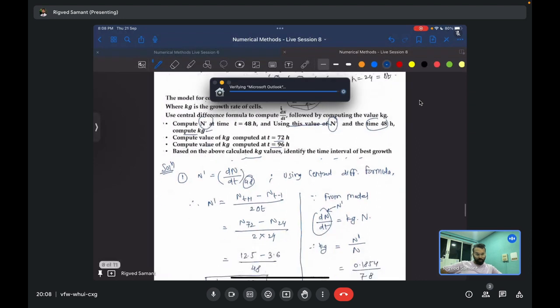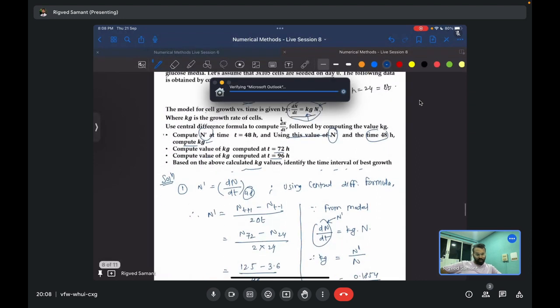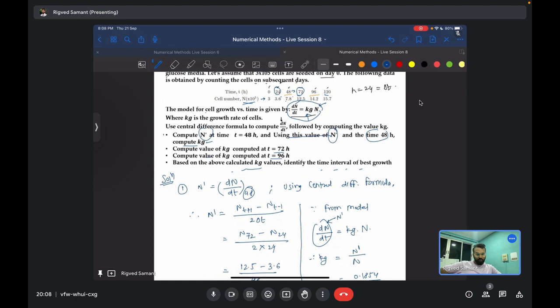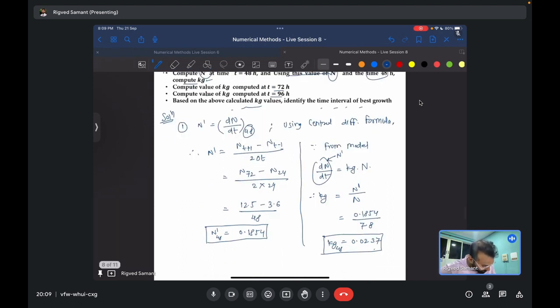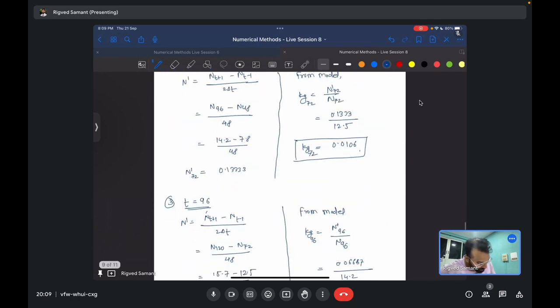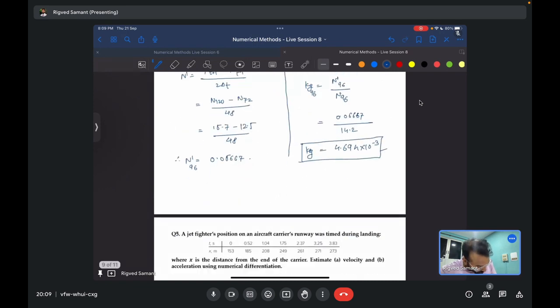So basically you have 3 time intervals: 24 to 48, 48 to 72 and 72 to 96. These 3 only you calculated. So this 48 is the 24 to 48 time interval, right? This 72 is the 48 to 72 time interval, and this was for the 72 to 96 time interval.